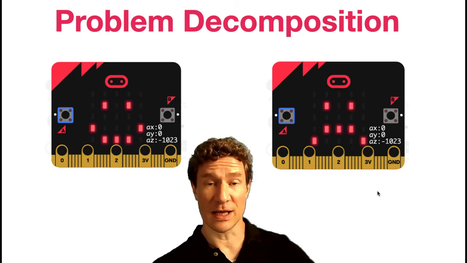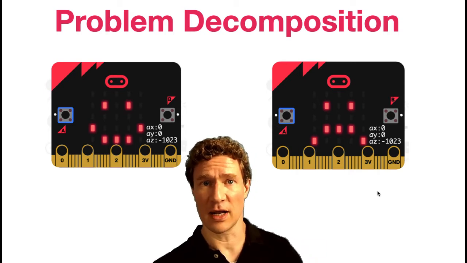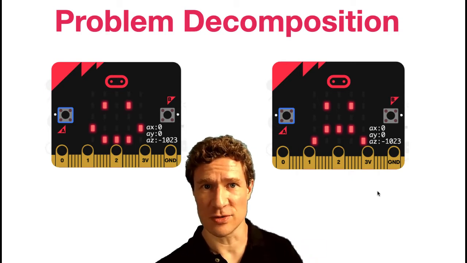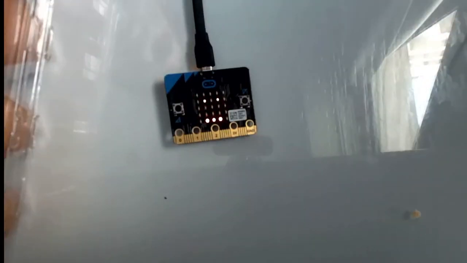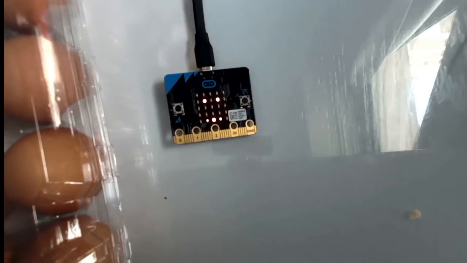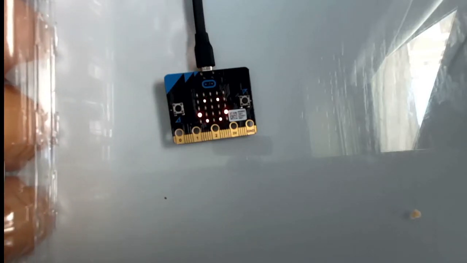So let's take a look at the overhead camera, and I'll take a look at something that I put together using the microbit. So here's the idea. During lockdown, eggs have been really hard to find, and I of course don't want any broken eggs.